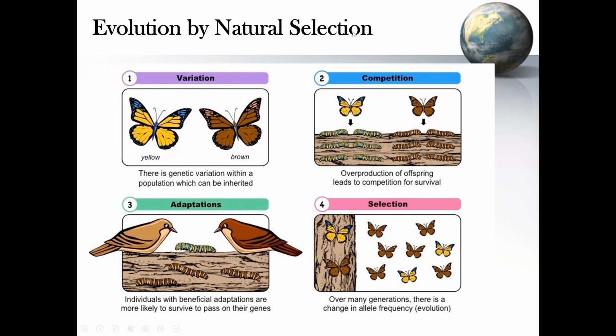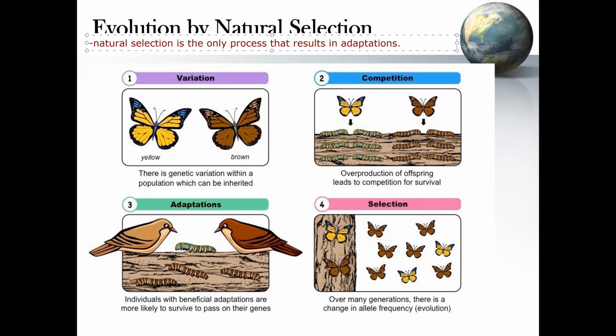So let's go back and look at this slide. This is basically demonstrating the same process. I want to take a step back here, though, and mention that there are different processes that lead to evolution. But natural selection is the only process that results in adaptations, right?